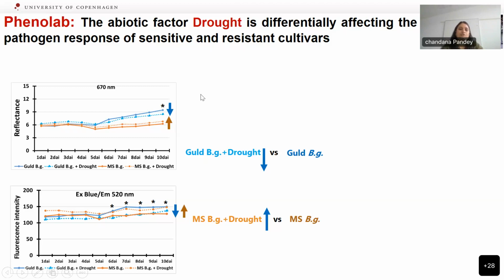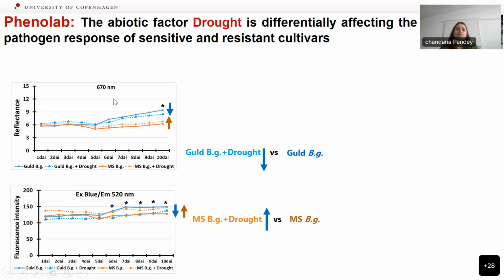And we were able to see, yes, out of the 7 wavelengths where we identified, okay, these wavelengths we can use for the pre-symptomatic detection of the pathogen, we found that 3 out of 7 were able to detect the drought with pathogen as compared to the pathogen only.